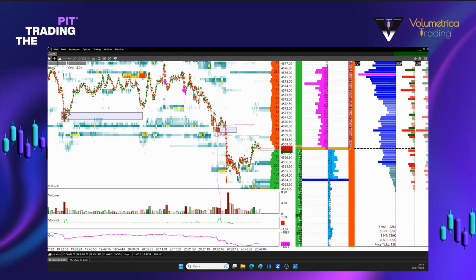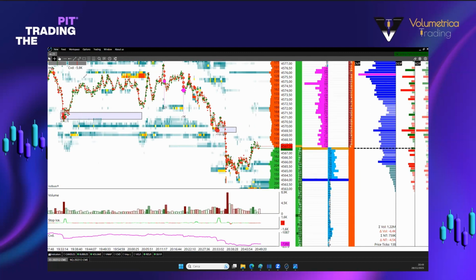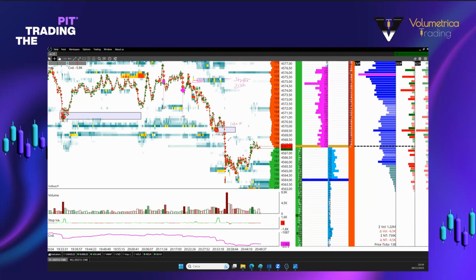Let's assume we have a huge short position being taken somewhere here, of 2000 lots. I am closing 1000 here, as I'm still in with 1000.